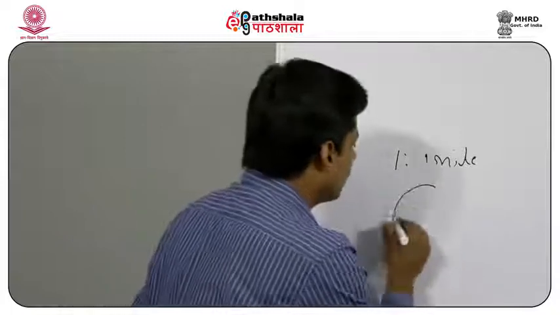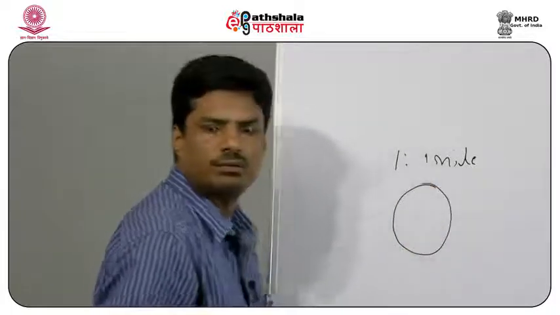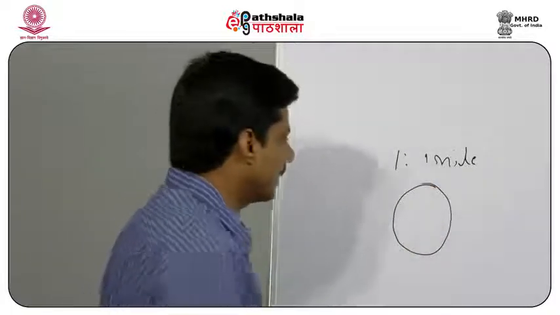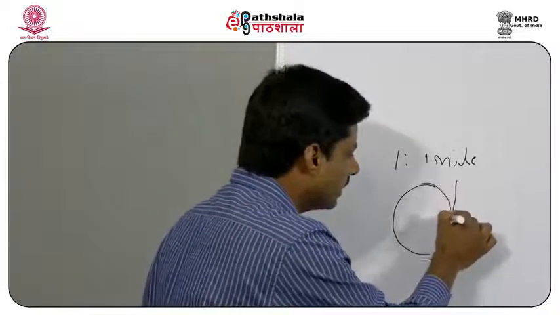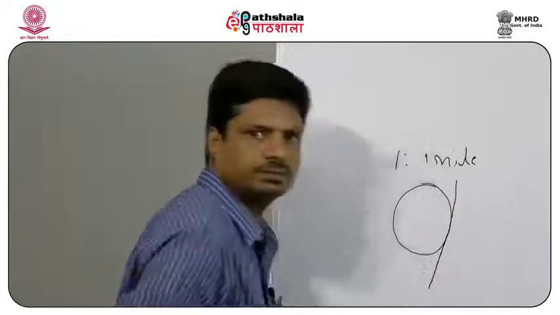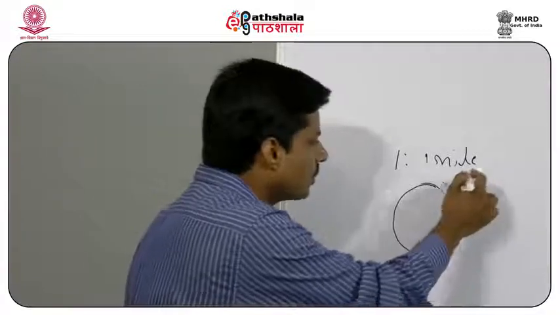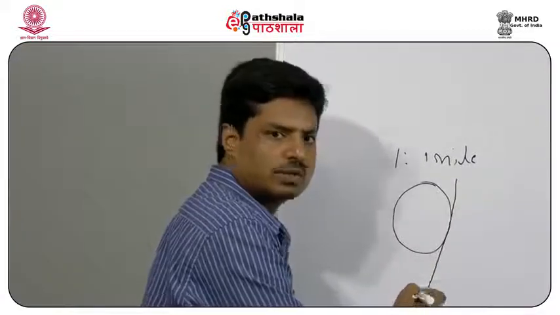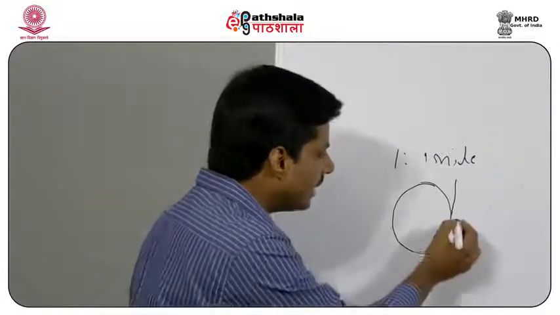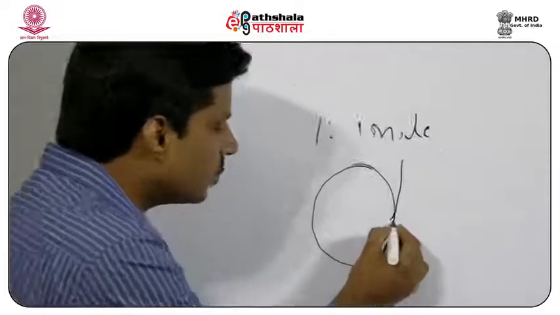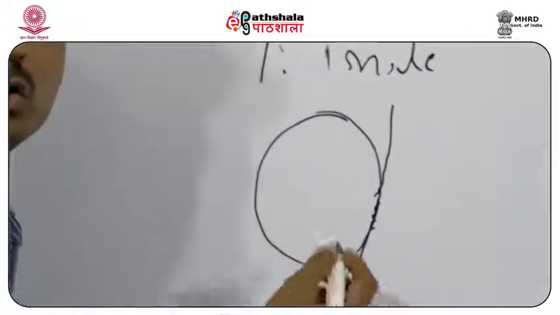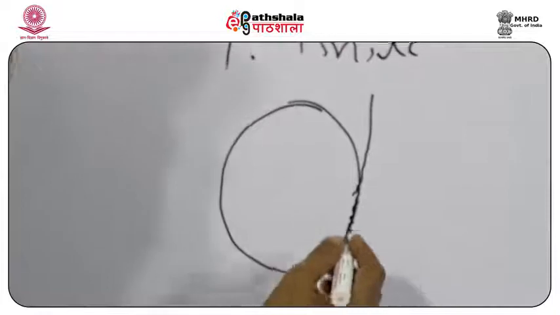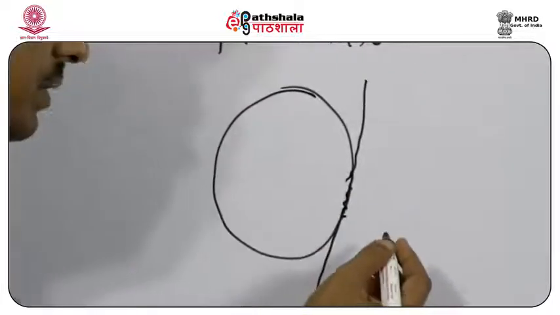Look at this globe. Suppose a plane is passing through this globe, a straight line or a plane is passing through this globe. So the area which is touching this globe will be true in scale, size, shape and direction.